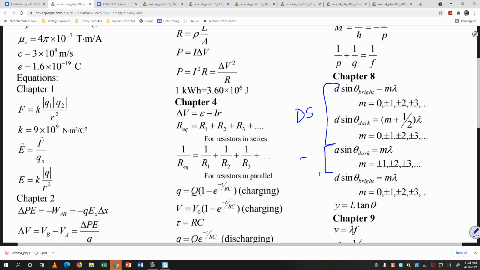This is for single slit, and this is for diffraction grating. And this is just general, that we use for all of them. But notice the double slit, I tell you bright or dark. For the single slit, I tell you dark. And then for the diffraction grating, we just deal with the bright spots. We don't deal with the dark spots. Okay? So keep that in mind. You will have that equation sheet on hand.